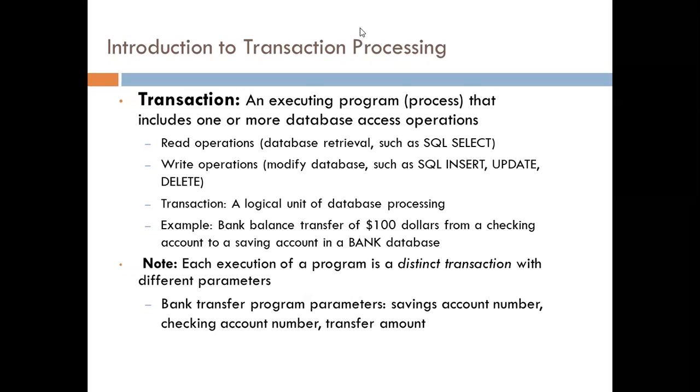The transaction ID is a row in a transaction table where it will have from which account to which account the amount is transferred, what is the amount value, date and time, everything will be stored. That transaction ID is displayed to the user for future reference. So this series of database operations, that is reading the balance from my account, which is a database retrieval, a write or update operation on my account, and an update operation on the other person's account.